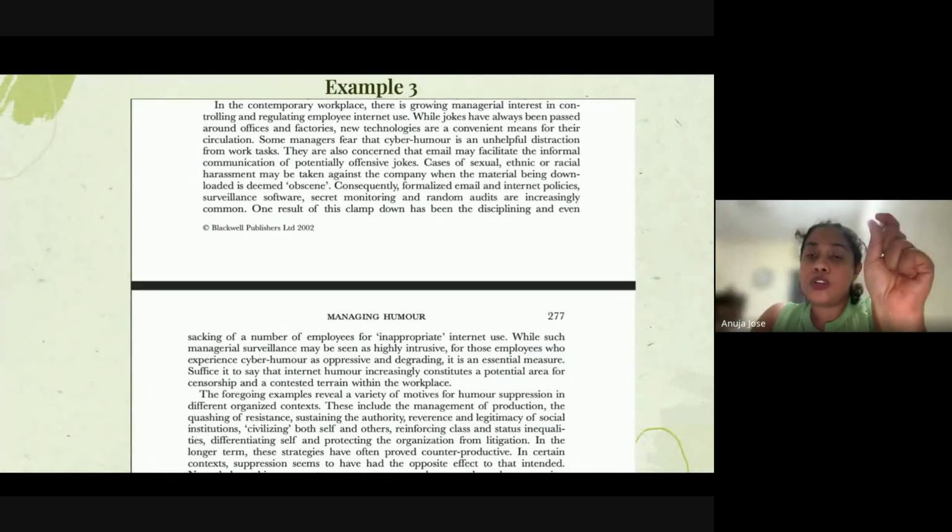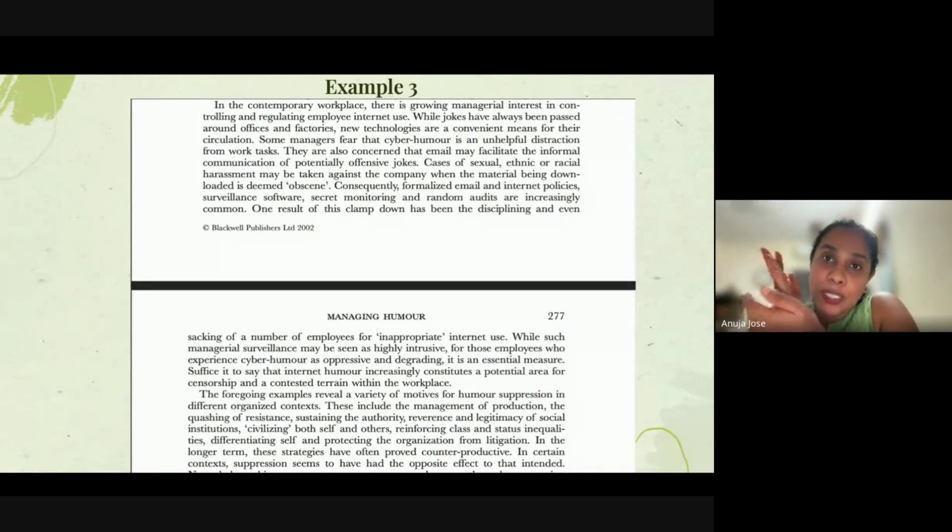When you're discussing a particular theme, you have to be loyal to that theme in that paragraph, and use evidence and citations to substantiate the point, and end with an evaluative tone so that the ideas are communicated across. I hope these three examples are sufficient for you to get a better idea of what academic writing is.